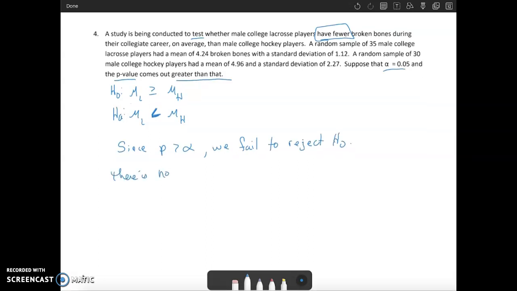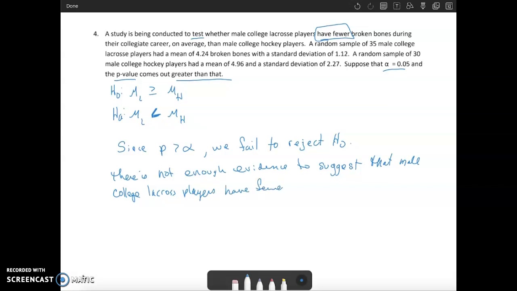There is not enough evidence to suggest that male college lacrosse players have fewer broken bones than male college hockey players.